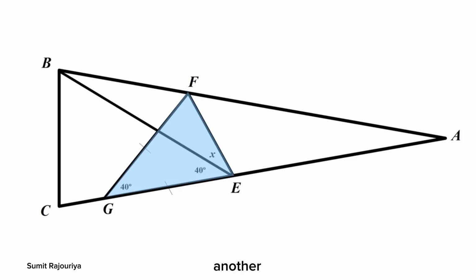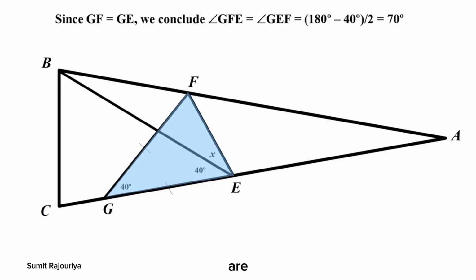So this is another isosceles triangle, and we want to remove one of the angles, which is 40. So the two angles which are remaining, GFE and GEF, must be equal to whatever 1/2 of 180 minus 40 is. So we have 140 divided by 2, which is 70 degrees.